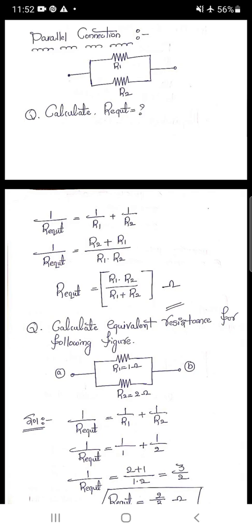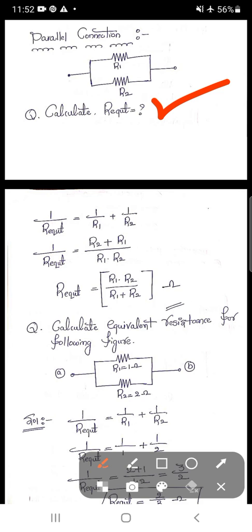Now the question is, find the equivalent resistance for this particular circuit. The most important point is, whenever two resistors are connected in parallel, to calculate equivalent resistance we need to consider the reciprocal of resistance.